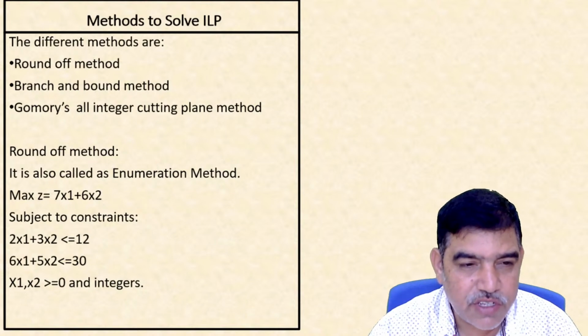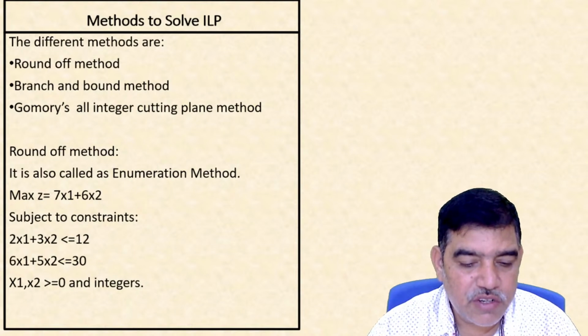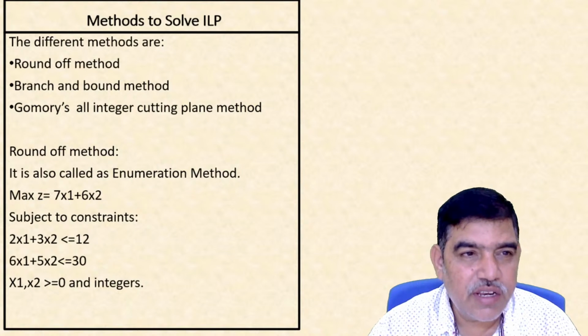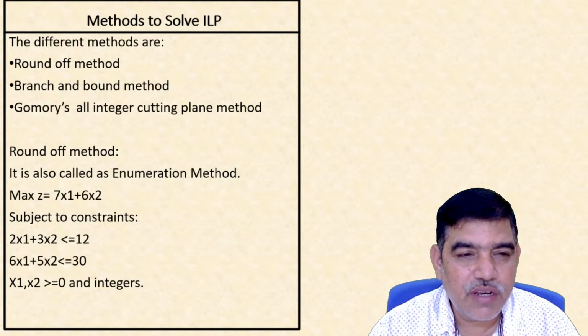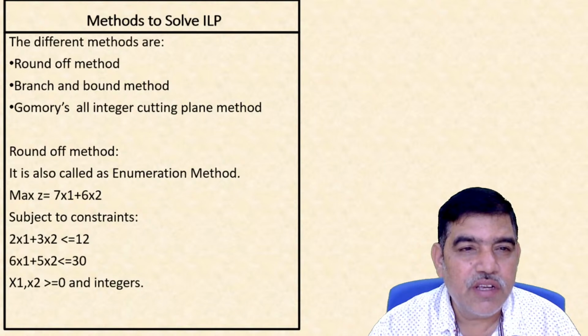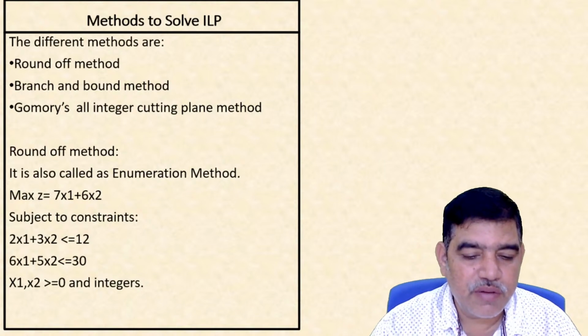If no, again this process is repeated till you get the optimal solution. So there are 3 methods: round off method, branch and bound method, Gomory's cutting plane method. Gomory's cutting plane method is used for the pure case and for the mixed case integer linear programming problem.